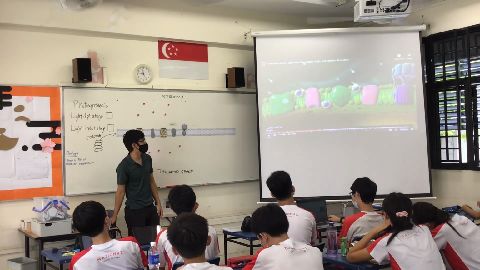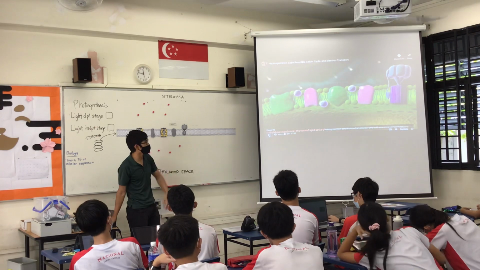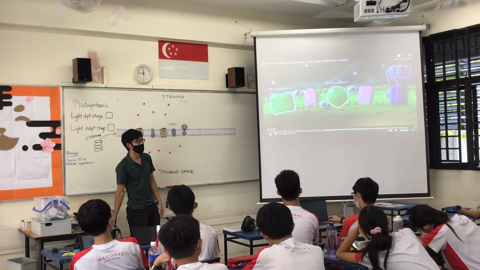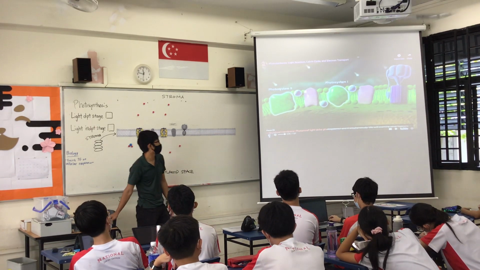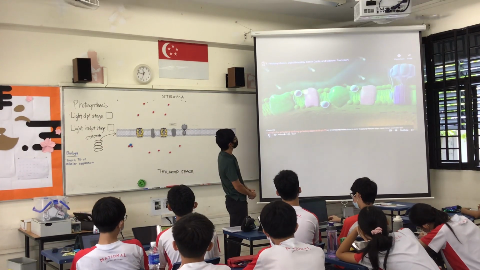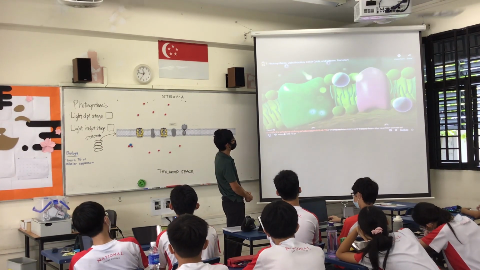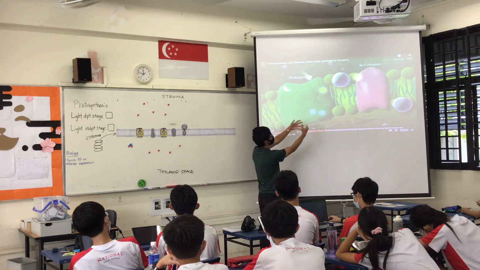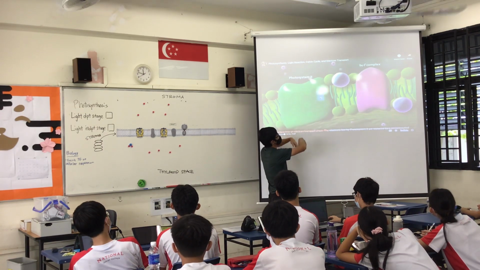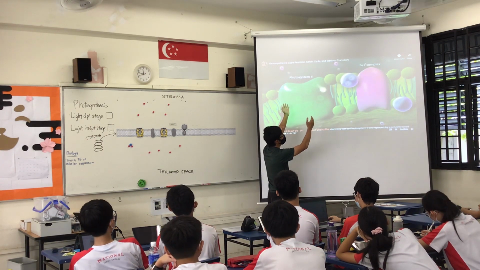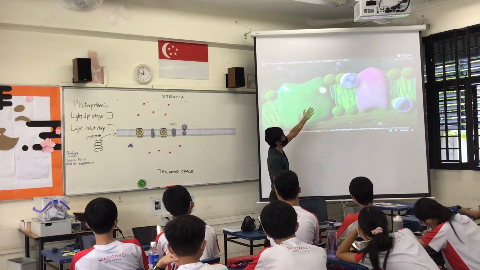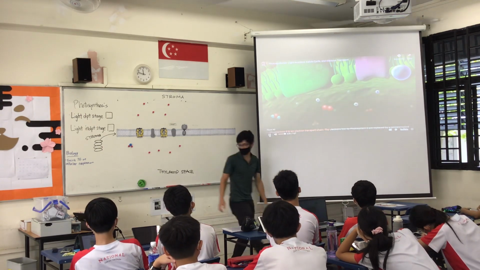Once it leaves the photosystem, it will now flow down the electron transport chain, just like in oxidative phosphorylation. So if you observe, okay, here goes the electrons again. Once it gains enough energy, it will be excited out of its photosystem. It will be transferred down the electron transport chain.